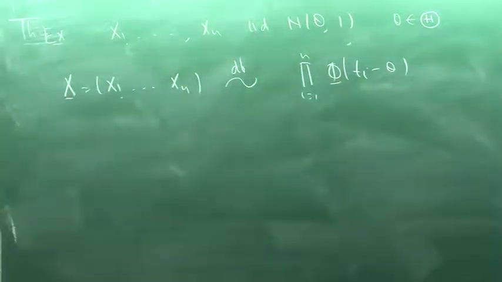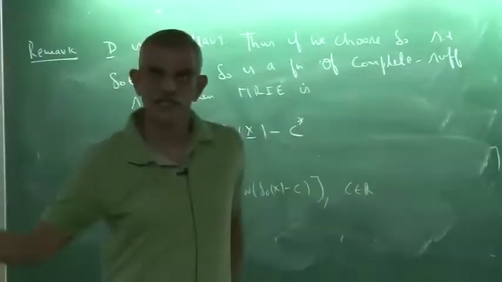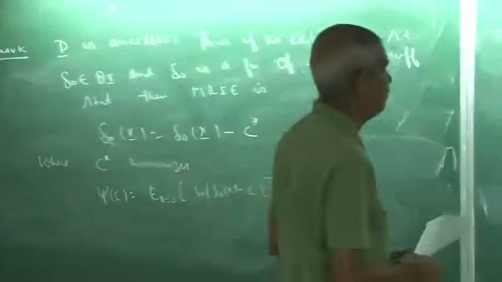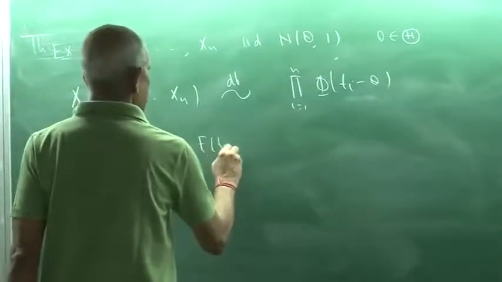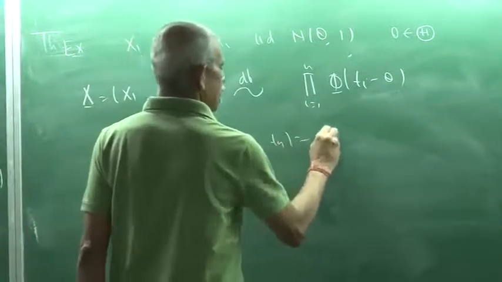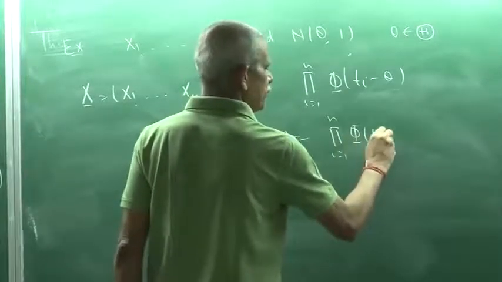So it is again of the type f theta, x1, x2, ..., xn, which is f of x1 minus theta, x2 minus theta, ..., xn minus theta. So your f here, t1, t2, ..., tn, is nothing but the product, i equals 1 to n, of phi of ti, which is completely known to us.